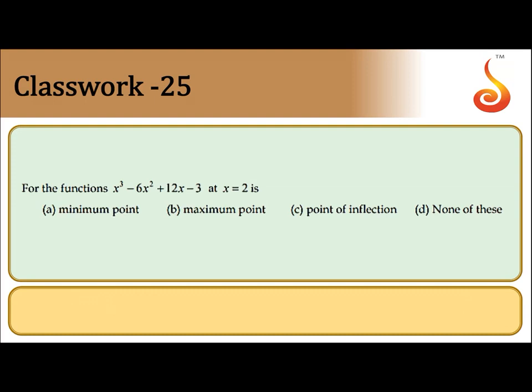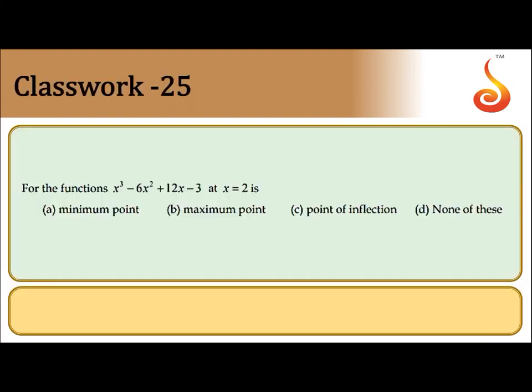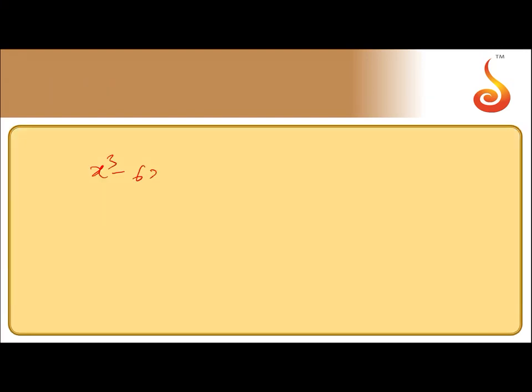Next, for the function, is x equals 2 a point of maximum, point of minimum, point of inflection, and so on? Let's see. y = x cube minus 6x square plus 12x minus 3, at the point x equals 2.